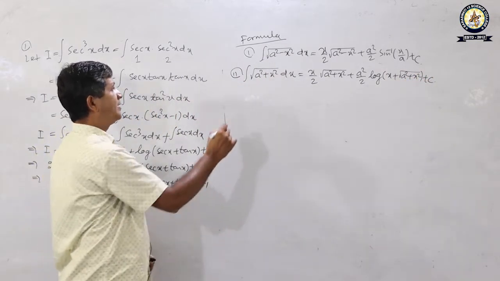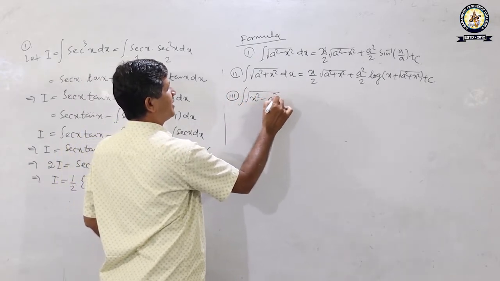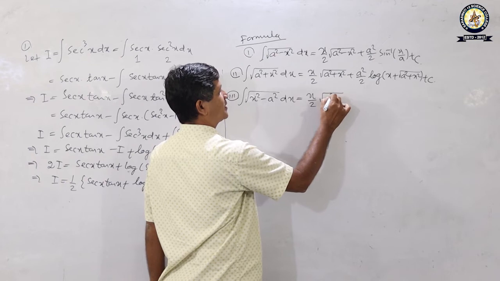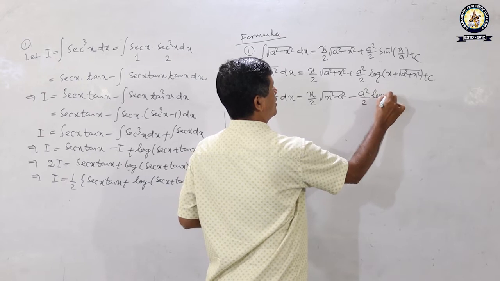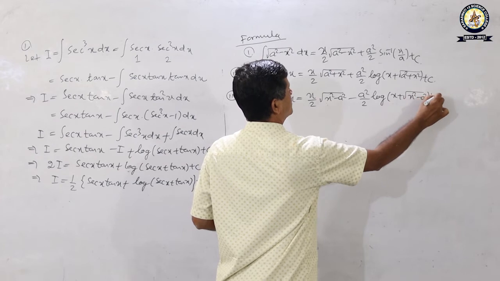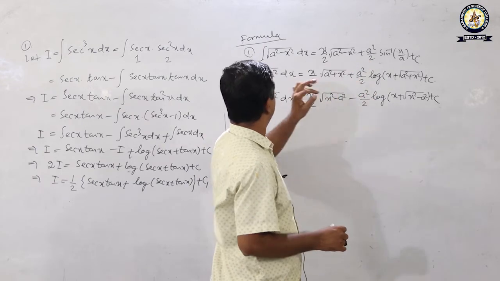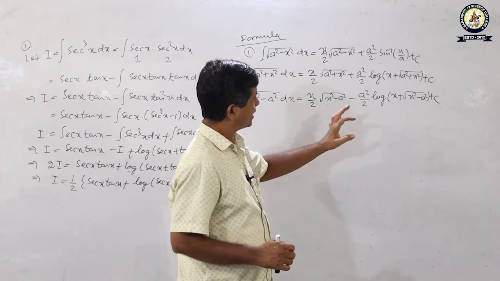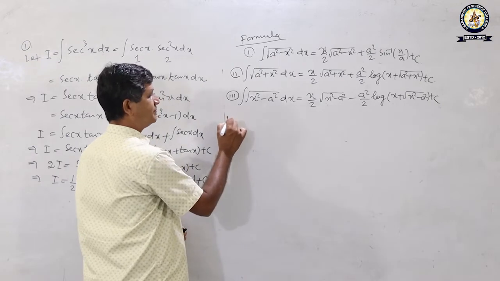Third formula: integration of root over of x square minus a square dx is x by 2 into root over of x square minus a square minus a square by 2 into log of x plus root over of x square minus a square, plus c. Look here, a square is positive, so here positive a square by 2. Here a square is positive, so here positive a square by 2. Here a square is negative, so the second term is negative a square by 2.